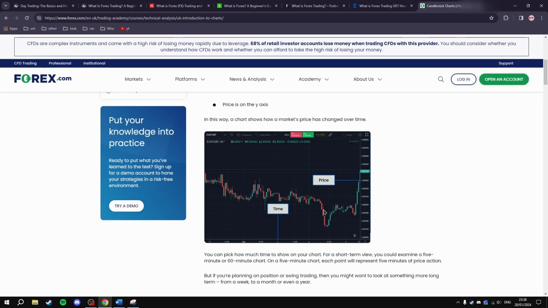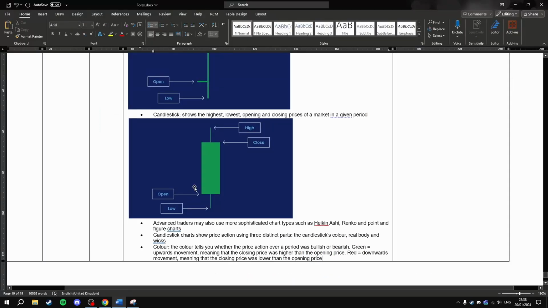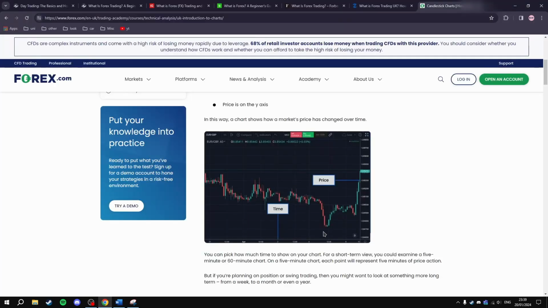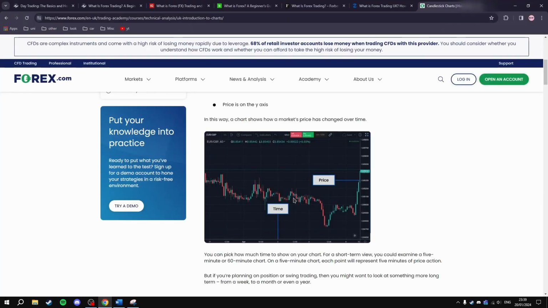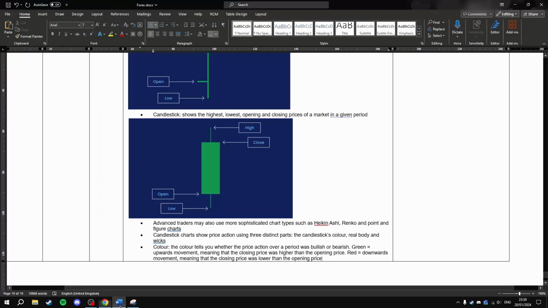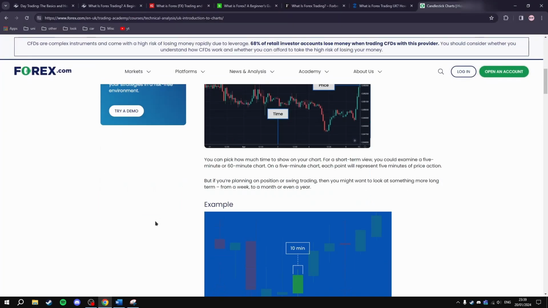So when the closing price is lower than the opening price, isn't it? The closing price is here. The opening price was here. Wait. Open is at the bottom. Opens here, closes here. Huh?